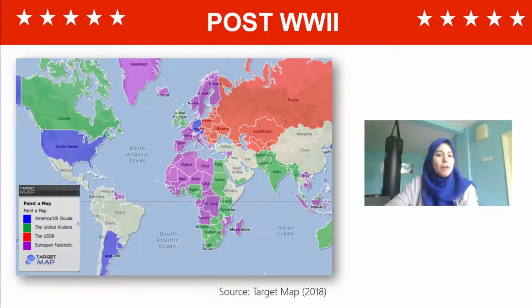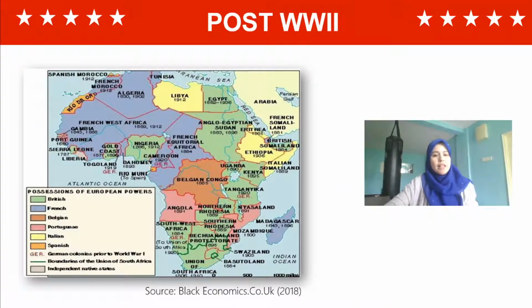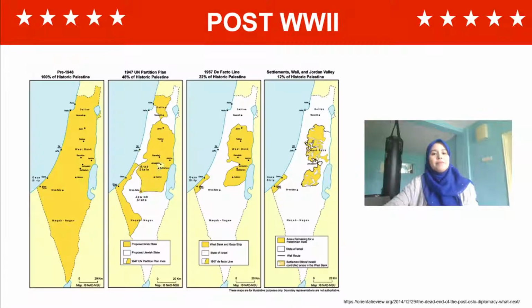So this is the map of the whole world after World War II. If you can see, Malaysia is green, which is actually still under the United Kingdom. And this is the map of the African continent.